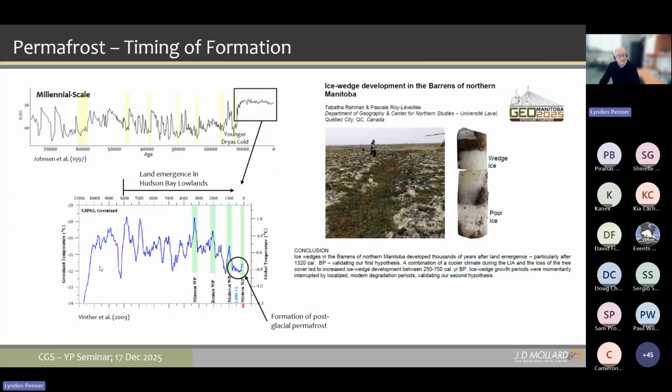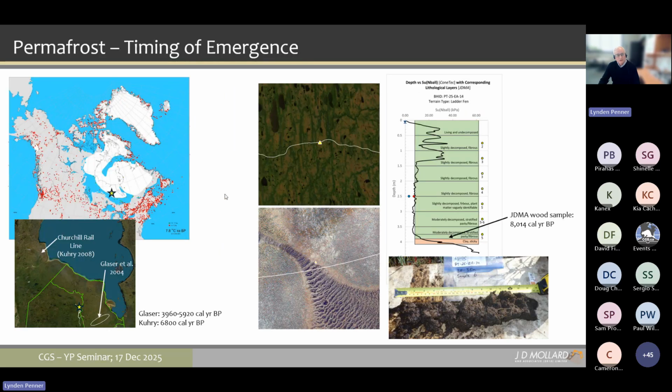And if you look at this graph where you've got this warming period, that coincides with this point on the graph. And that's when the land emerged in Hudson Bay. So the ice melted back, the Tyrrell Sea flooded the area.